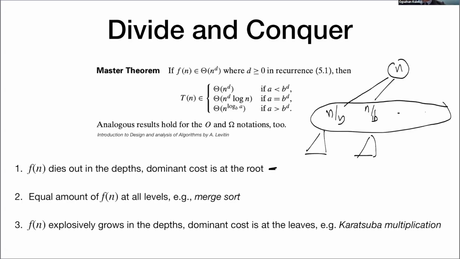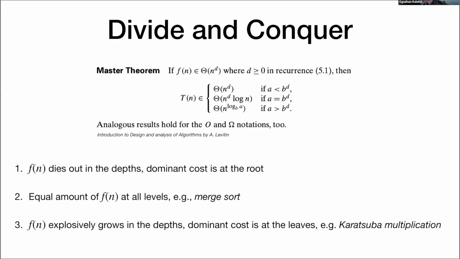In the first case, when a is less than b to the power of d, that means the work will die out. That extra work will become smaller and smaller at each level. So the dominant cost will be your cost at the root.